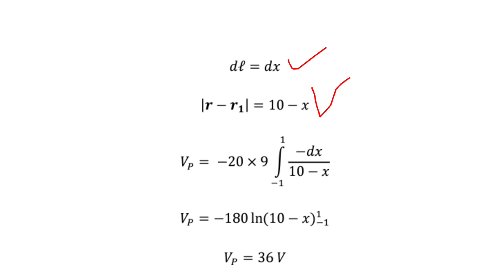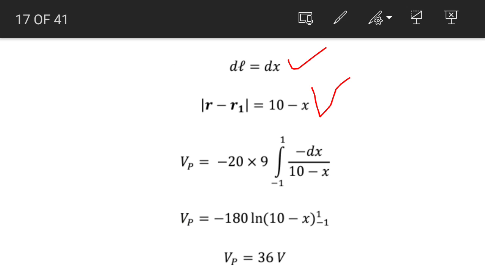Well, dx indicates that x is variable, so definitely x is changing, and x is changing from minus 1 to plus 1, and the integration of minus dx by 10 minus x is log of 10 minus x. So if we simplify this particular equation, we get the absolute potential at this particular point, which is 36 volt.